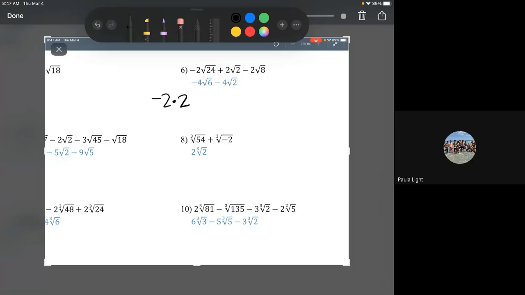We have to multiply, and the 6 stays under. So that simplifies to -4 radical 6. 2 radical 2 is already simplified as far as it can go.